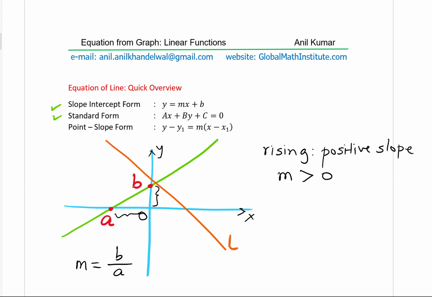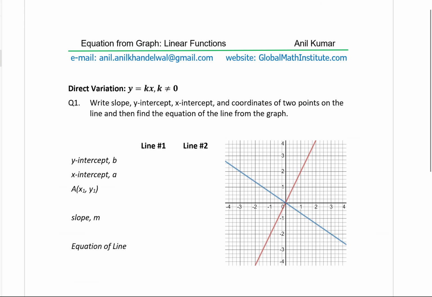So let me call this line as L2. So in that case, slope of line L2, let me call M2, is less than 0, so it is decreasing. Is that clear to you? Right. So with that in mind, let's move on and find the equation of lines.